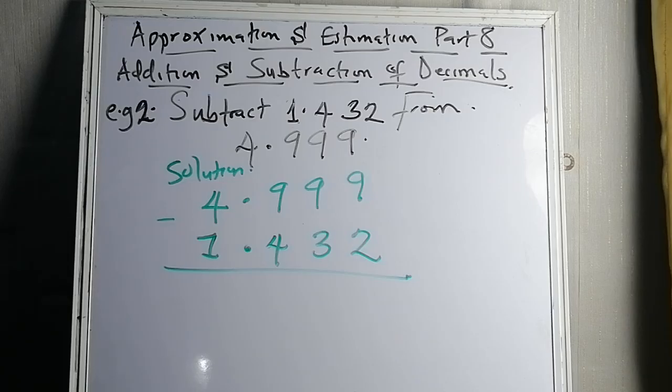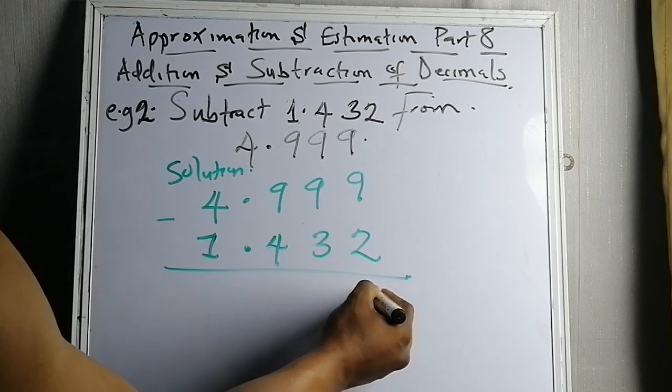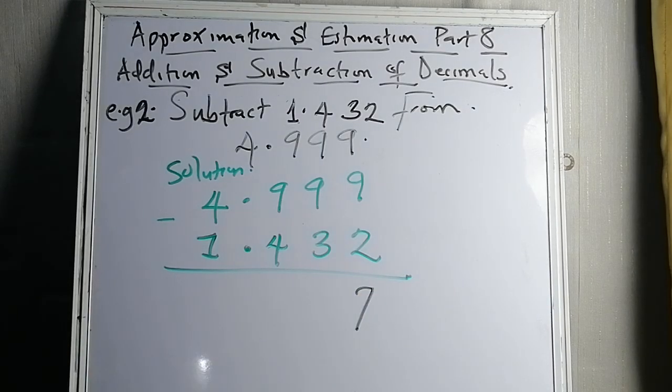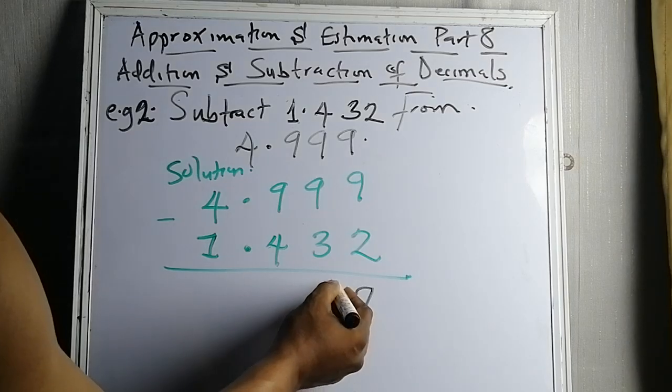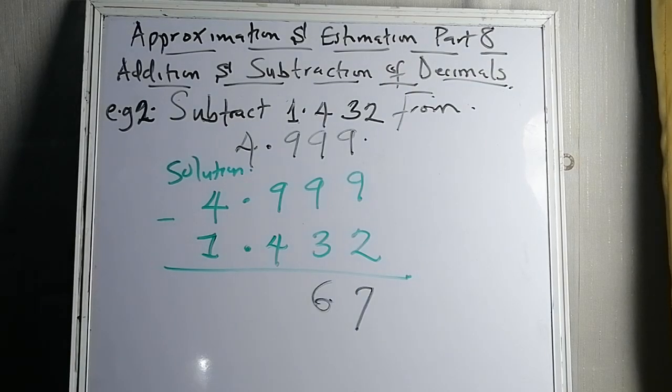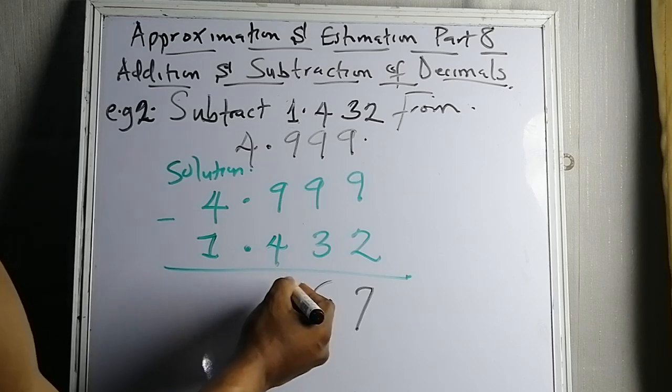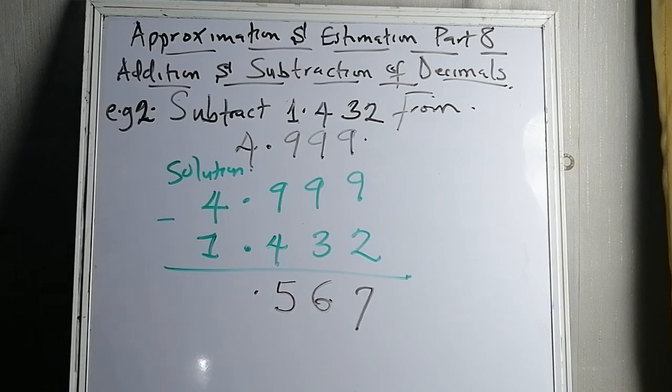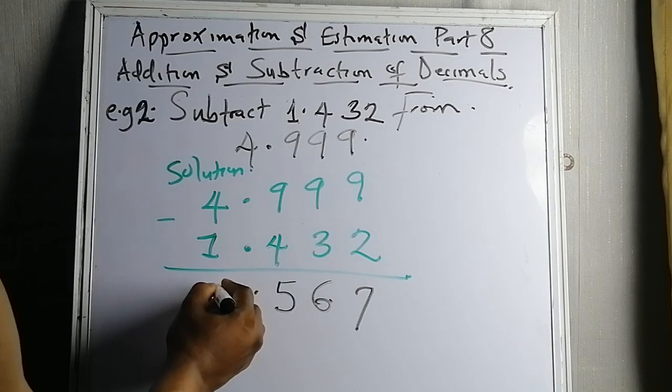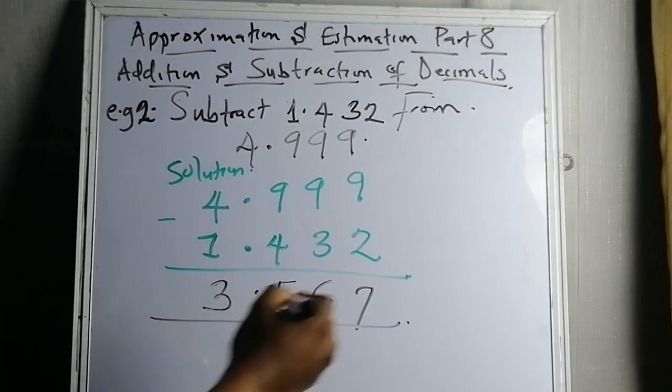Now you can have 9 minus 2, that will give us 7. 9 minus 3 will give us 6. 9 minus 4 will give us 5. And 4 minus 1 will give us 3.